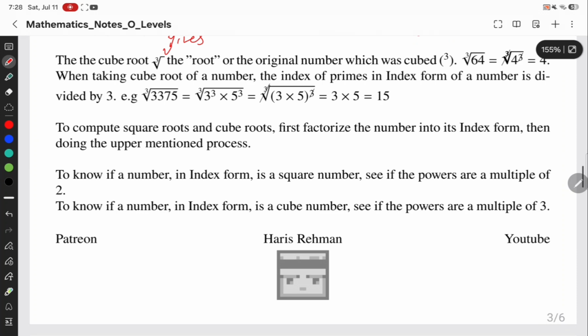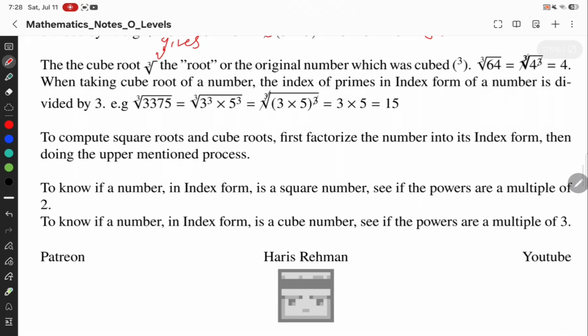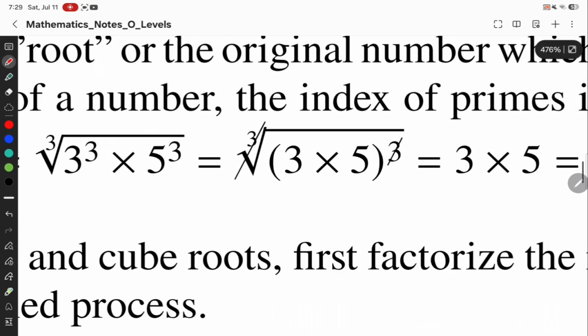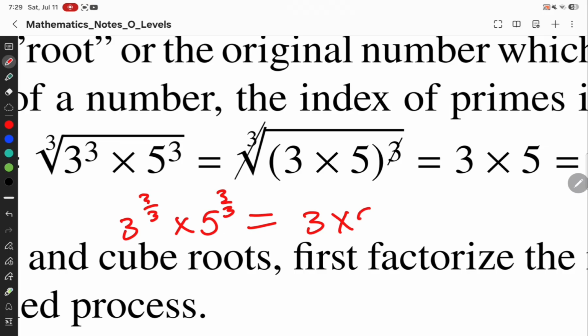When taking the cube root of a number, the index of primes in index form of a number is divided by 3. Example, this number in its prime factorization form, we can get the powers out of there. Or simply 3 to the 3 over 3 times 5 to the 3 over 3 is equal to 3 times 5.